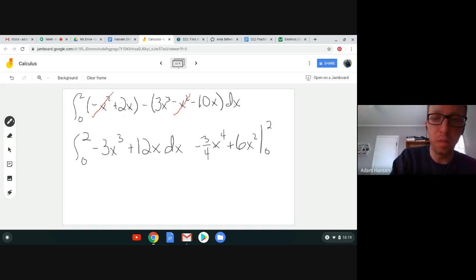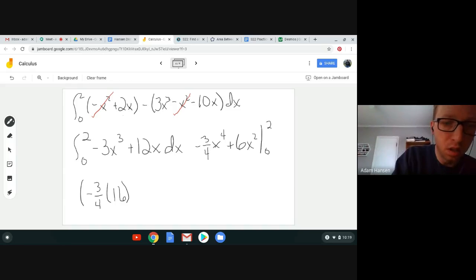Okay, now we'll use the fundamental theorem and start evaluating. 2 to the 4th should be 16 still. So I'll have -3/4 times 16 plus 6 times 2 squared, that's 6 times 4. Of course, that would be 24.